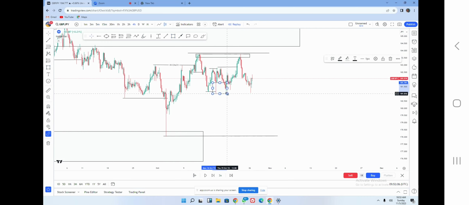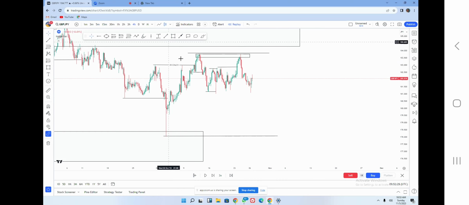And what is its job? Its job is to break this area because demand is already in control. If it has failed and caused a change in sentiment, then at least this low has to go. This low, because this is the latest low that broke this structure. This low has to go because it has failed to do its job. And what is its job? To break to the upside.